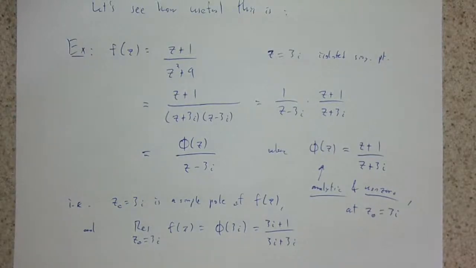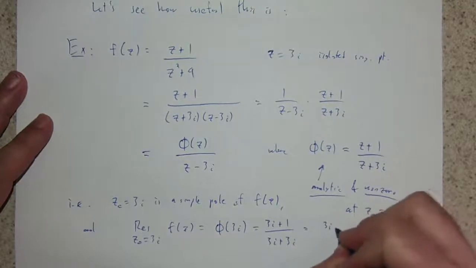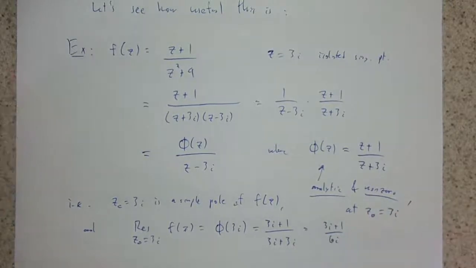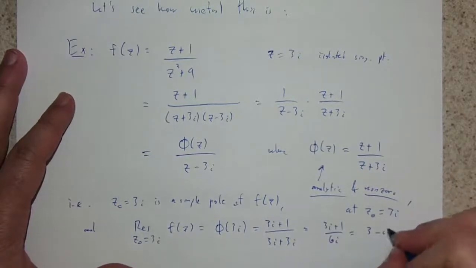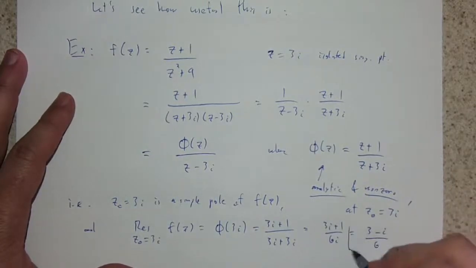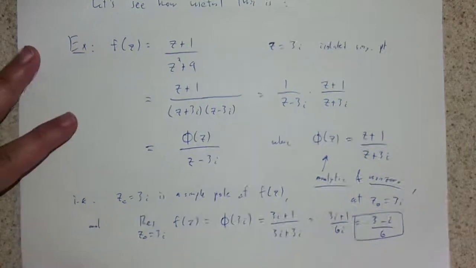What is this? Well, this is 3i plus 1 over 6i, which I can rewrite as 3 minus i over 6 after I do that division, multiplying by minus i over minus i.